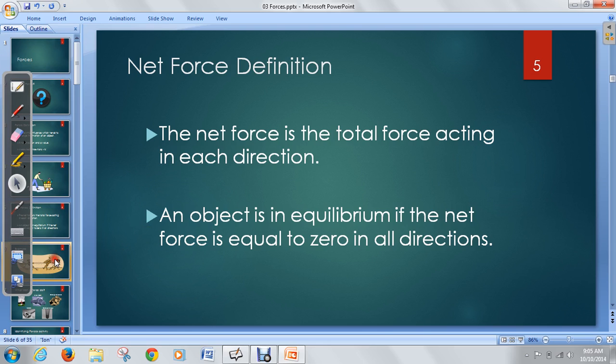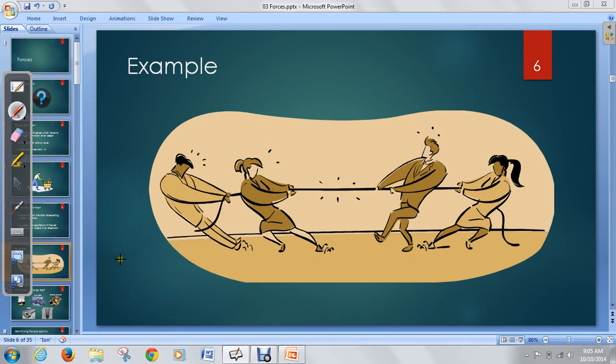So let's look at an example of someone pulling on a rope in a tug of war. There's lots of forces happening. This person's pulling this way. This person's pulling this way. These two are pulling the other way. The rope has a little bit of tension, is what it's called, that wants to pull back in. There's forces on the ground and everything, but we can basically use a summary of all these forces and make a net force.